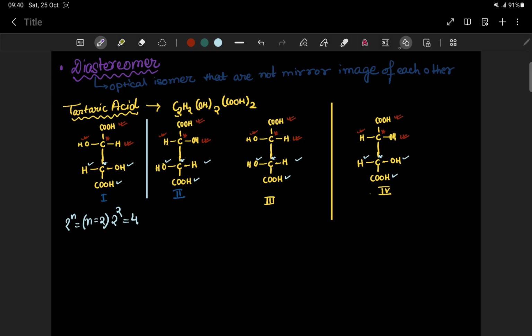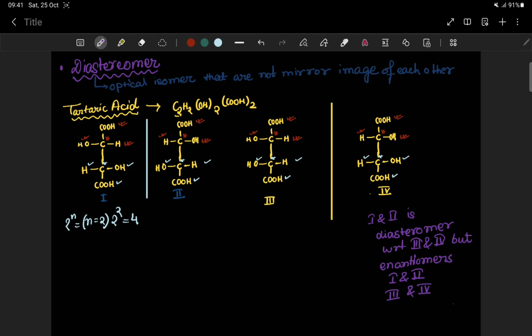Means 1 and 2 are diastereomeric with respect to 3 and 4, but 1 and 2 are enantiomeric forms, and 3 and 4 as well.